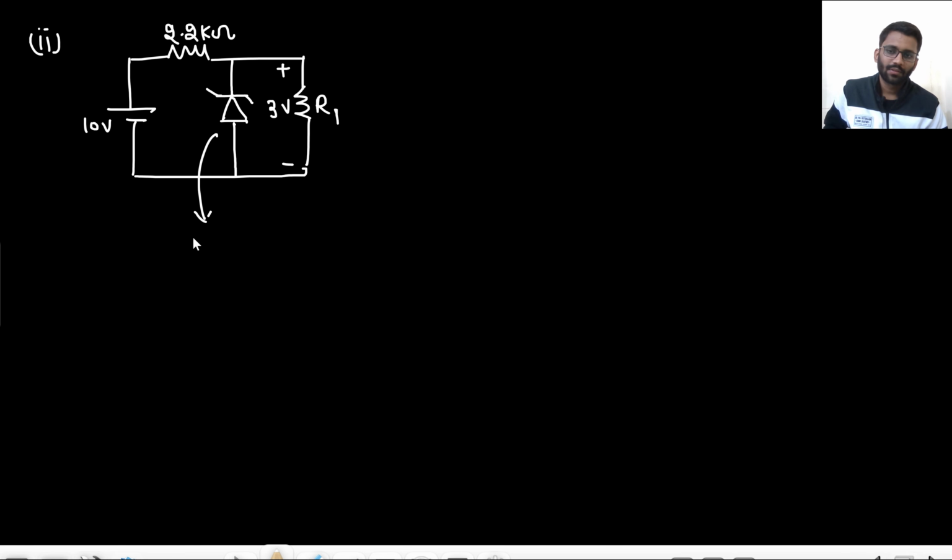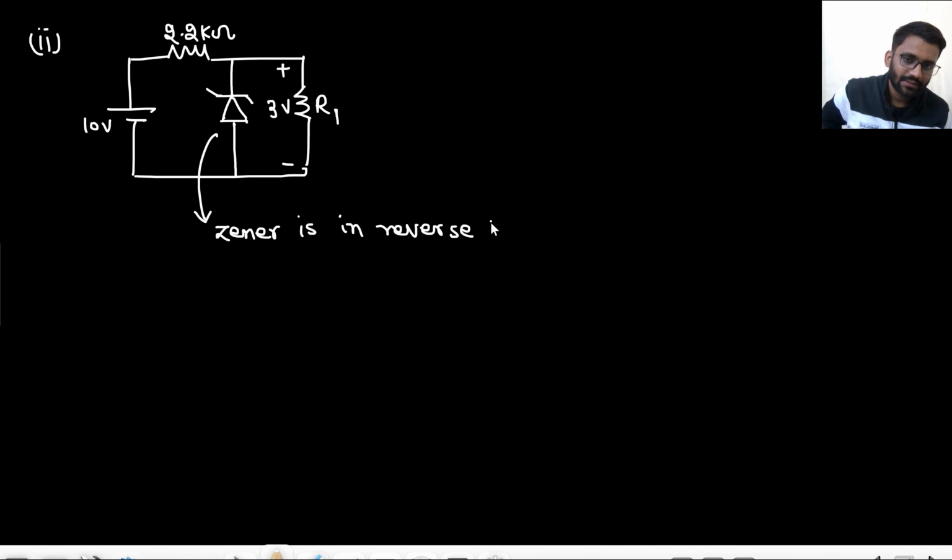So the Zener is in reverse bias, because at N you are having more positive voltage, and at P you are having less positive voltage. At P you are having negative voltage, at N you are having positive voltage. So the Zener is in reverse bias, not in breakdown, right?